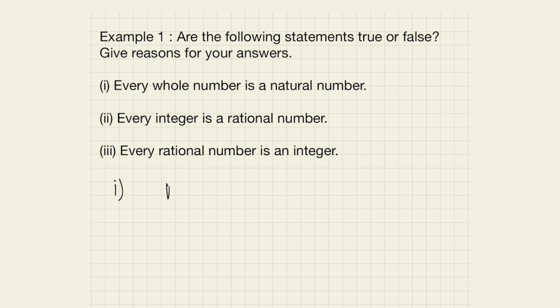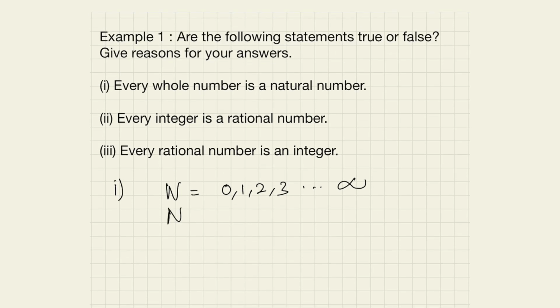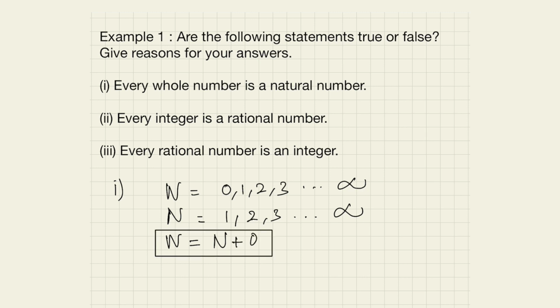Whole numbers include 0, 1, 2, 3, and so on up until positive infinity, and natural numbers include 1, 2, 3 up until positive infinity. We have already seen that whole numbers is just natural numbers added with 0. So this is what whole numbers is.